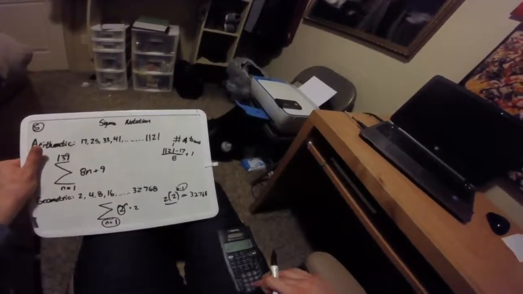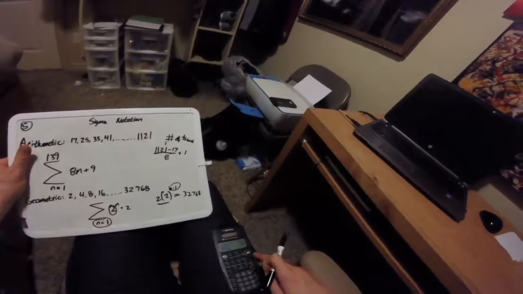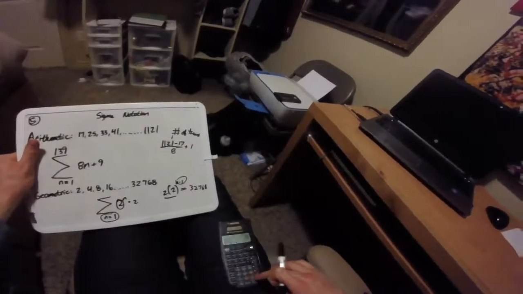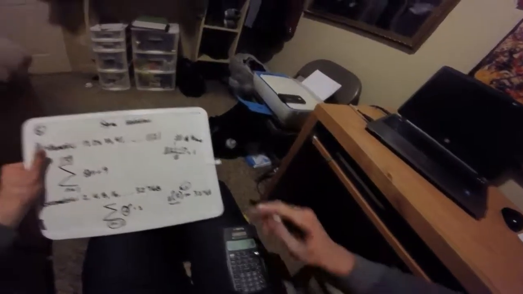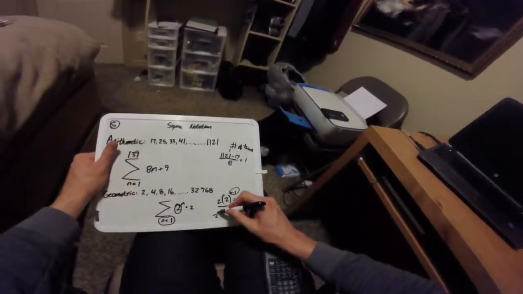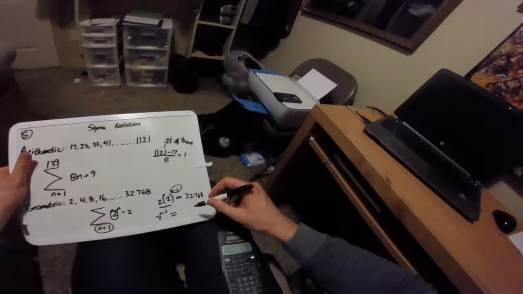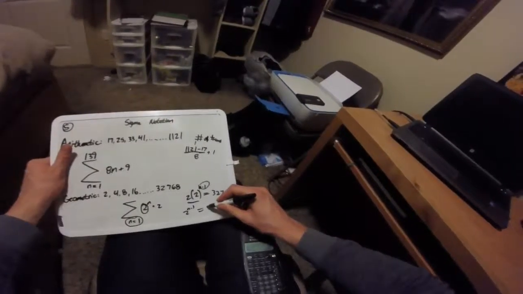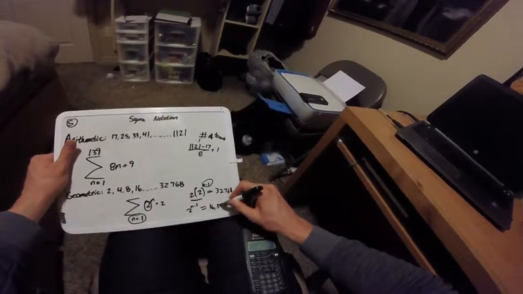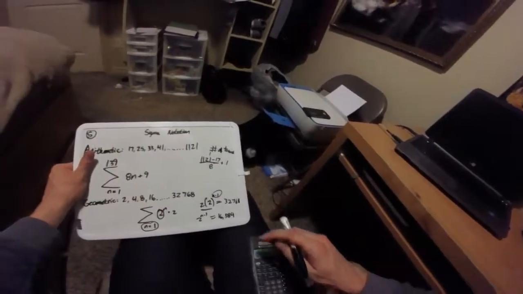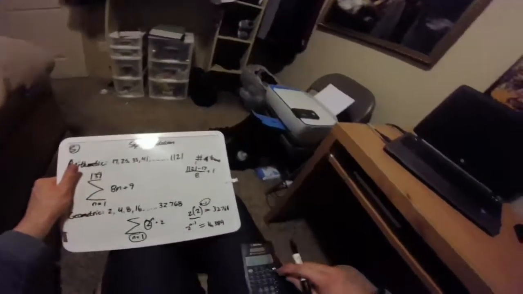All right, 32,768 divided by 2 leaves us with 2 to the n minus 1 equals 16,384. Now we're going to take the log of both sides.